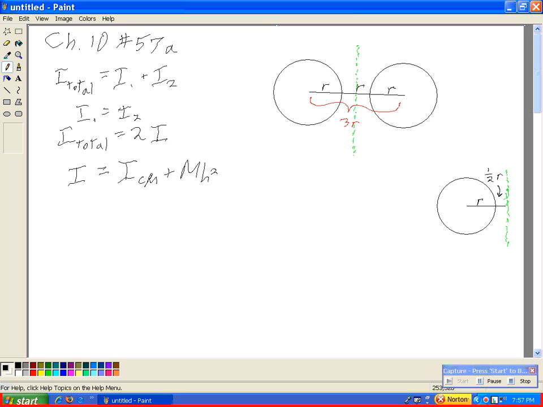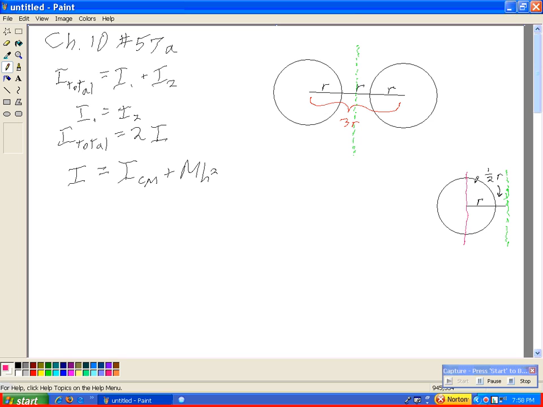So the moment of inertia of the center of mass is saying that we should draw a line that's parallel to the axis of rotation, which is the green line here. It rotates about the green line axis. So there's our parallel line, and it goes through the center of mass.